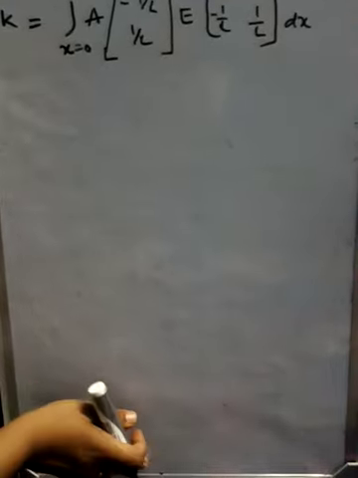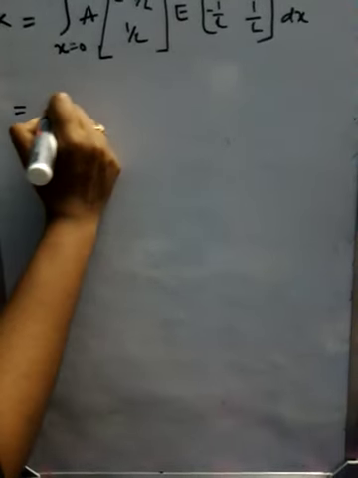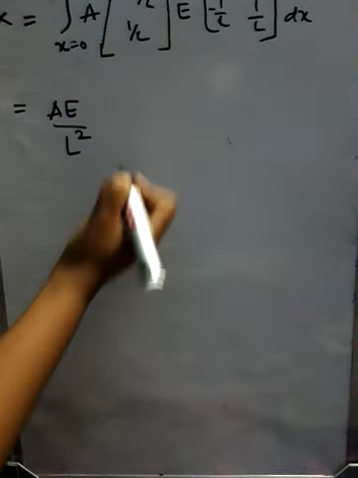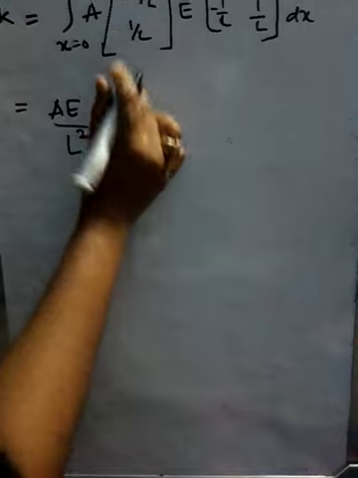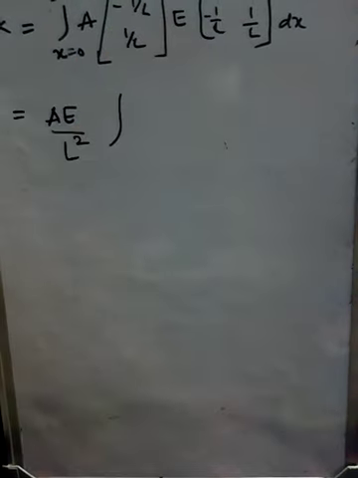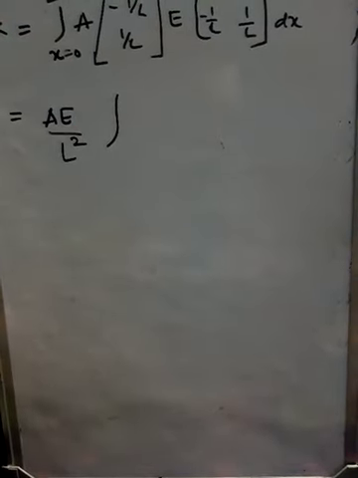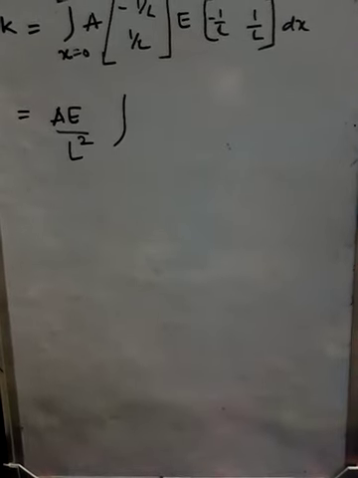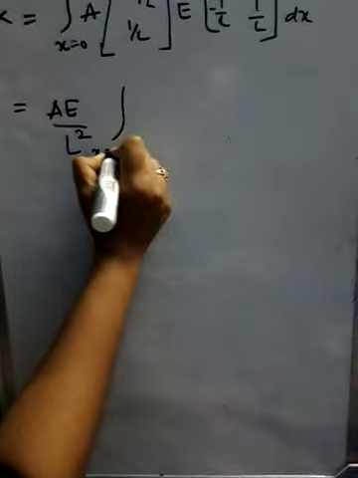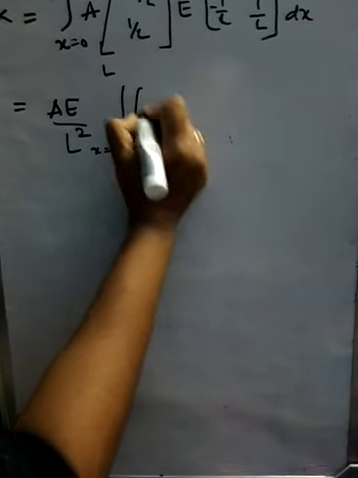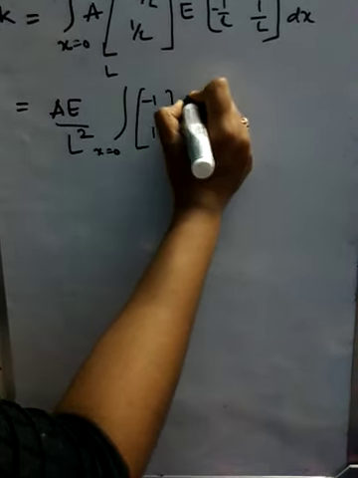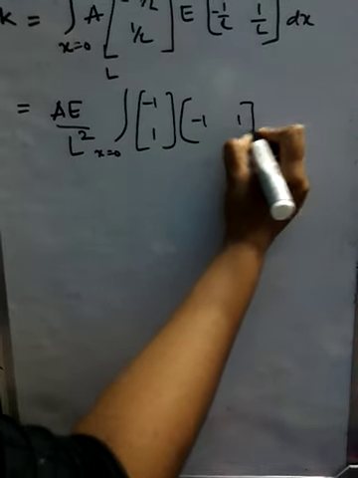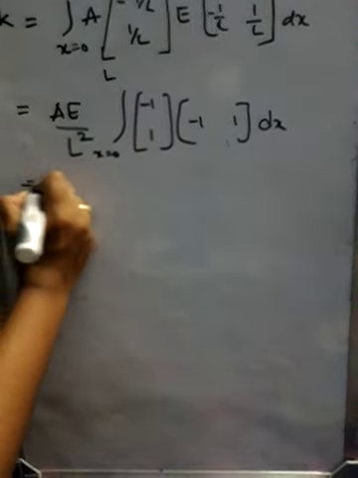Now, what we are going to do is I'll just take out all the constants here. AE by L square is my constant, because 1 by L is there, here also 1 by L is there. So 1 by L into 1 by L would be 1 by L square. So I'll be taking AE by L square as common factor, and here x is 0 to L, I'll be taking minus 1, 1, and here minus 1, 1, and this would be dx.